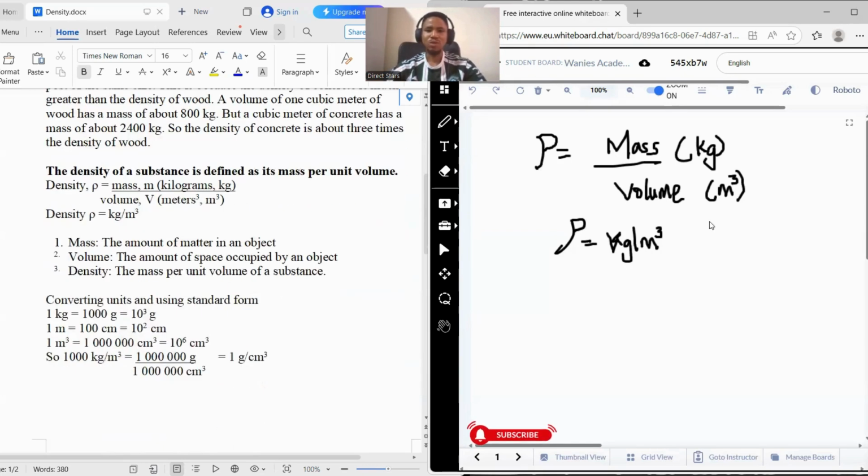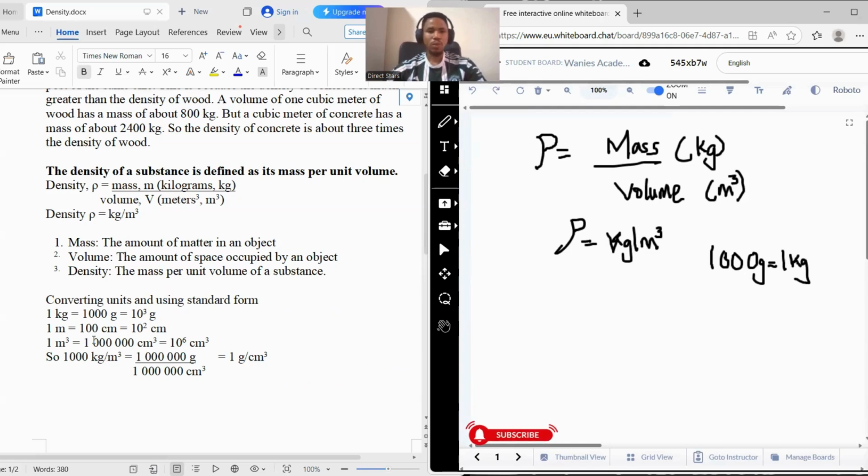So now, how do we calculate this? Because sometimes we can have our volume in centimeter and we can also have our mass in gram. Remember that 1,000 gram equals 1 kilogram. Remember that kilo means 1,000.